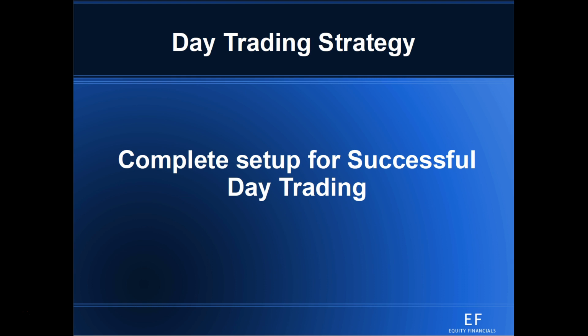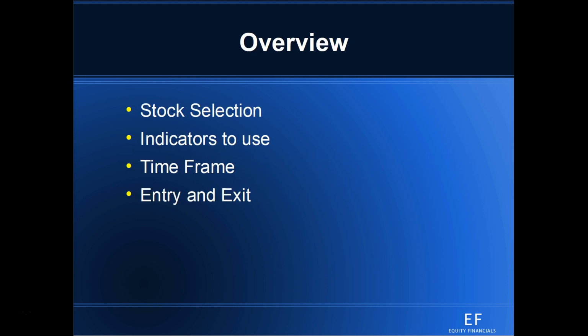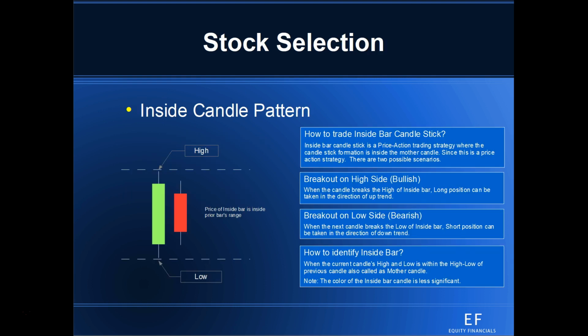So let me share the strategies. First is the stock selection, and for stock selection, I prefer to have a list of stocks that I'll be trading for the next trading session, and for that particular reason, I use the inside candle pattern formation.